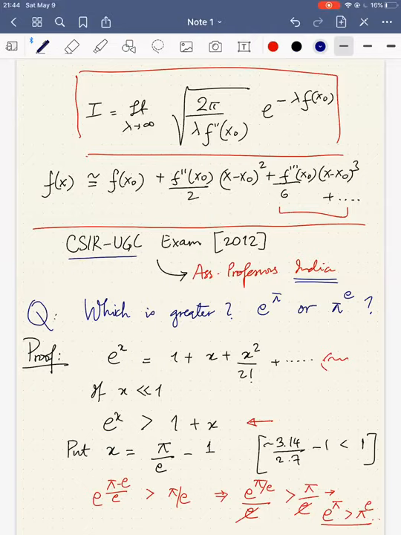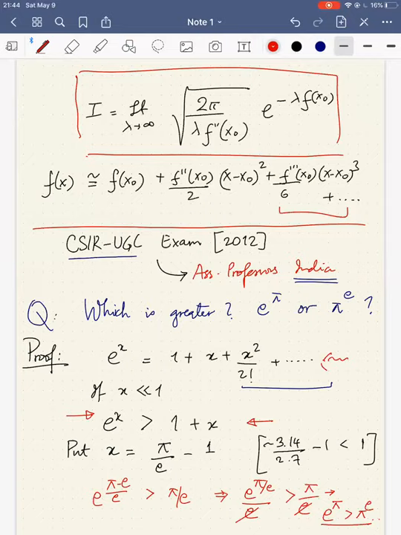There exist many ways to prove this, but I think the most elegant is by writing the exponential as a power series like this. If we have x much less than 1, we can ignore the higher order terms and say that e to the power x is greater than 1 plus x. So this holds if x is small. Now we just put x equal to pi by e minus 1.